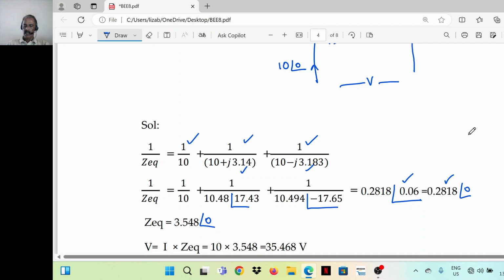Angle can be neglected. So 1 by Z equivalent is 0.2818 angle 0. So Z equivalent is equal to 1 divided by 0.2818, that is 3.548 angle 0.